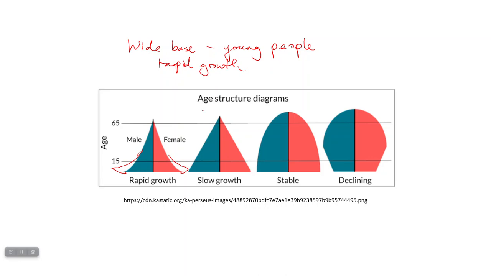If you see more of a triangle shape, especially if the base is a little narrower, that's going to be slow growth. There's still growth because the base is wider than the top of it. So you will have more individuals entering reproductive age, but it's not going to be as dramatic growth as you see with that extra wide base.